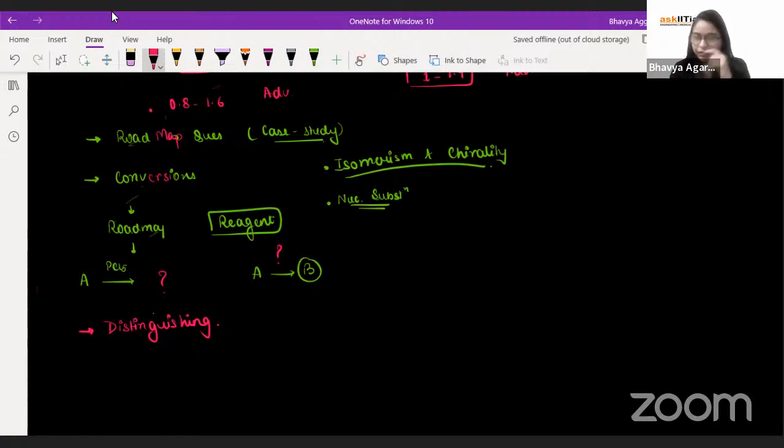Like in your case, it could be Iodoform or Lucas reagent, Victor Meyer. These are the tests you have as of now. So these distinguishing tests are very important, and this time they can be asked on the basis of MCQs. Not a case study, but a basic MCQ question.